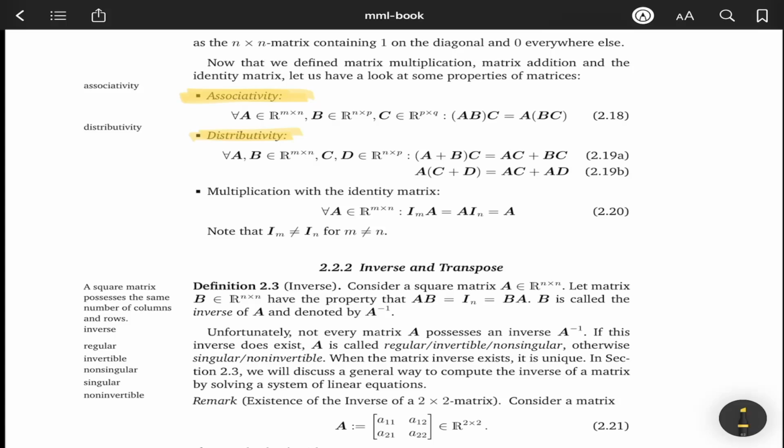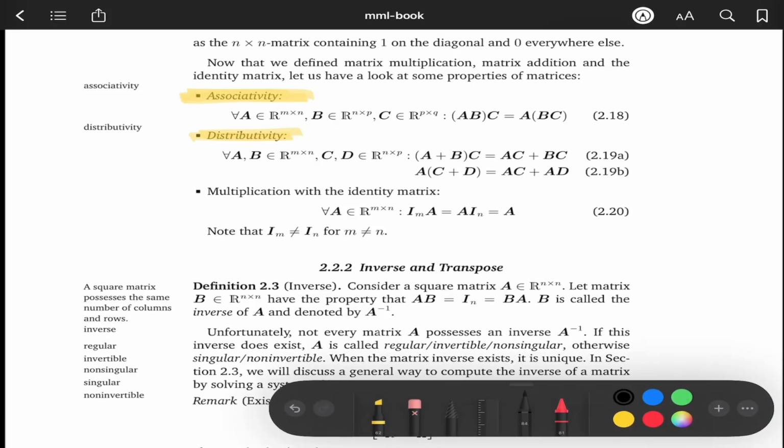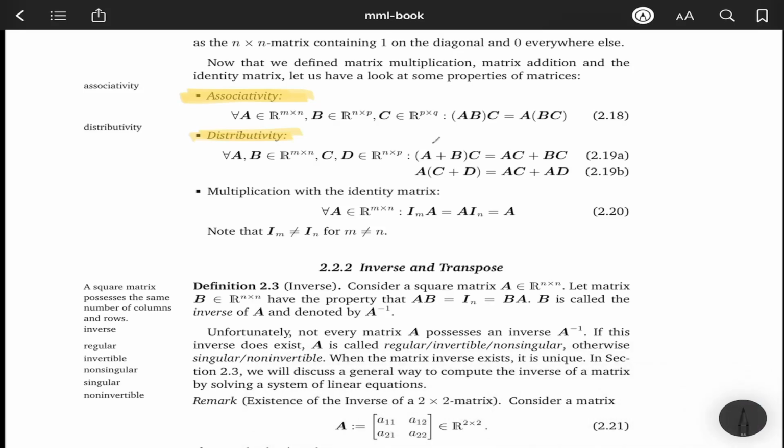Because you can think of here we're doing one multiplication, one addition, and one multiplication. So 3 operations in total, and here we have 2 operations in total.